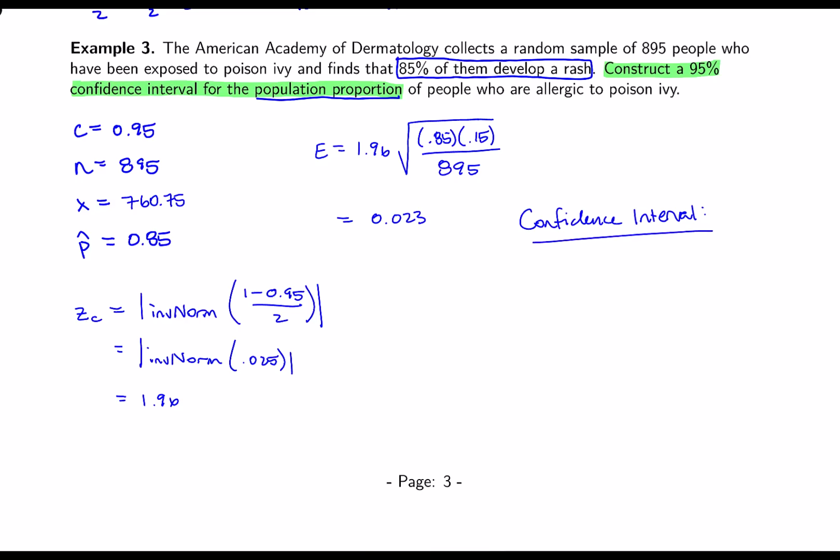By taking our point estimate plus or minus that margin of error. So the point estimate in this case is p hat, which is 0.85. We're going to add and subtract 0.023 to that, and let's see what we come up with.